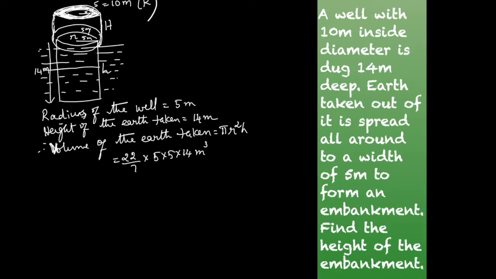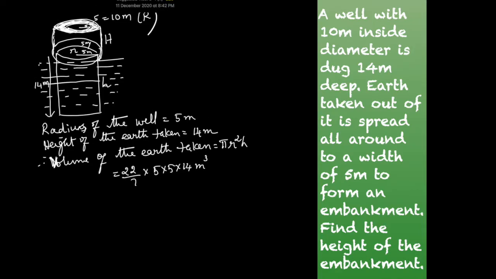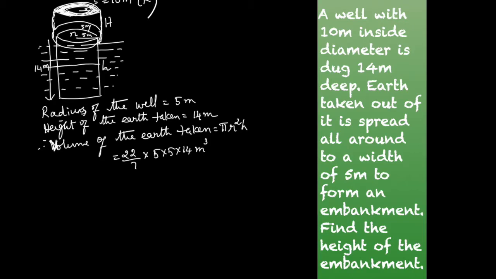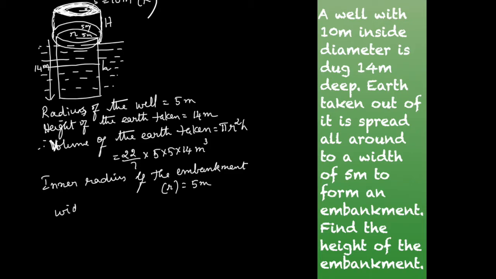Next we have to find the volume of the embankment. What is the volume of the embankment? The inner radius is 5 meter. The width of the embankment is 5 meter.